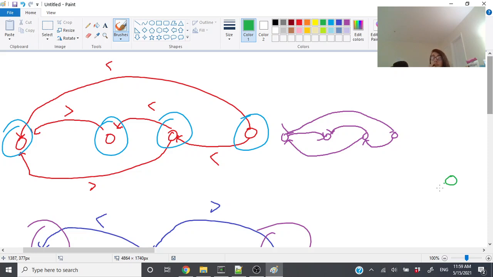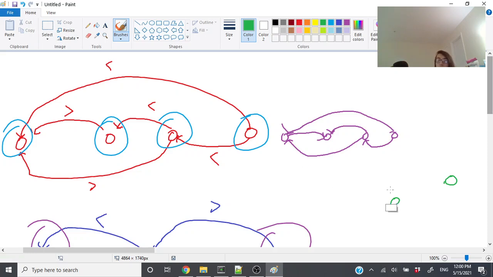So this element is bigger than everything. Which means initially, here this is like this.